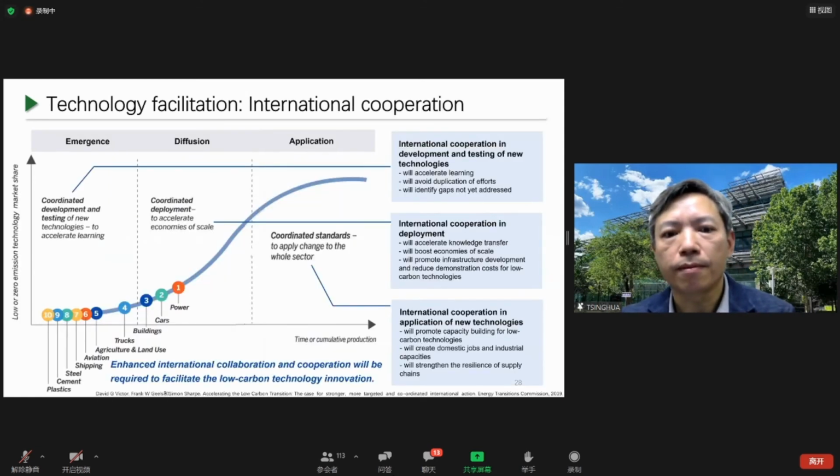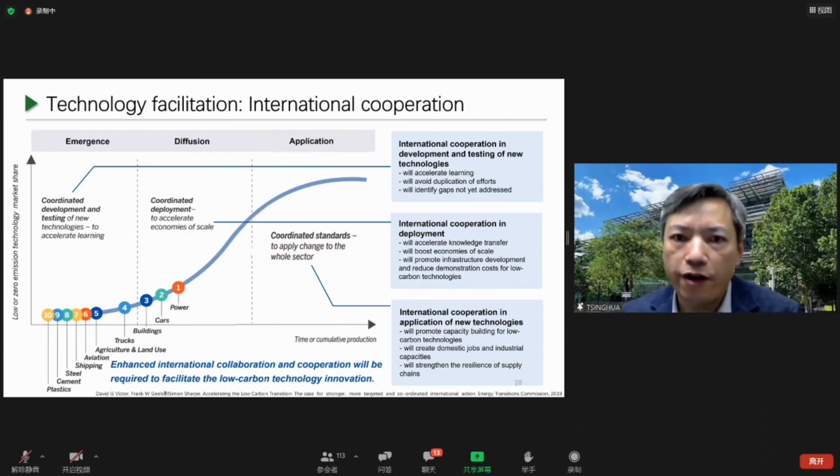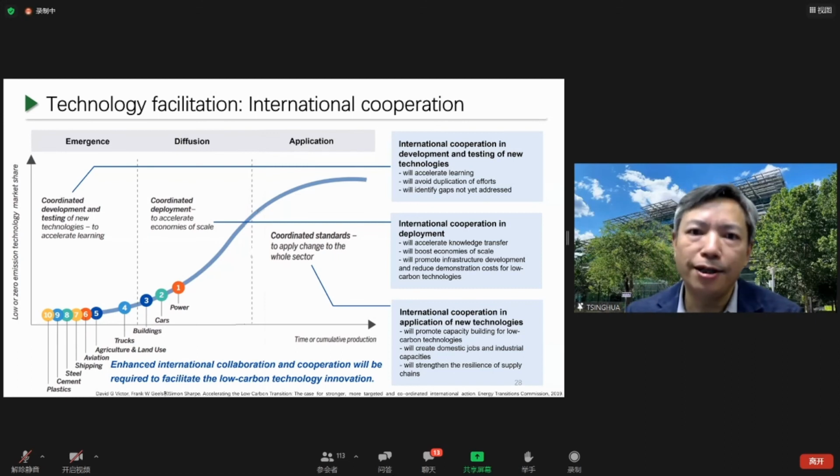Another critical factor to facilitate the low-carbon technology innovation and transition is international cooperation. In the face of development and testing of new technologies, international cooperation will accelerate learning, help avoid duplication of efforts, and identify gaps not yet addressed.